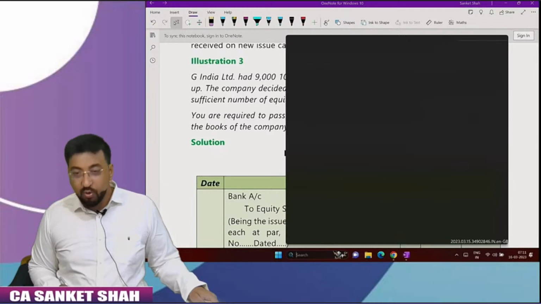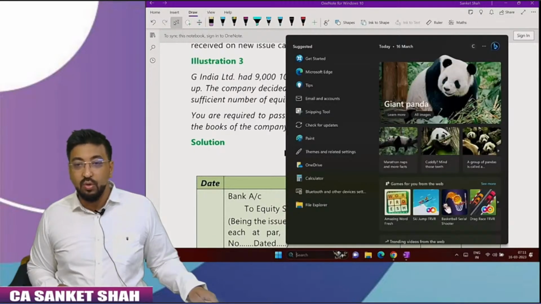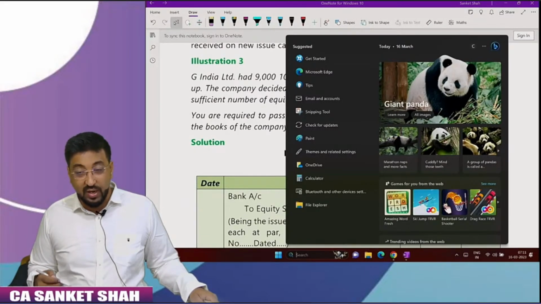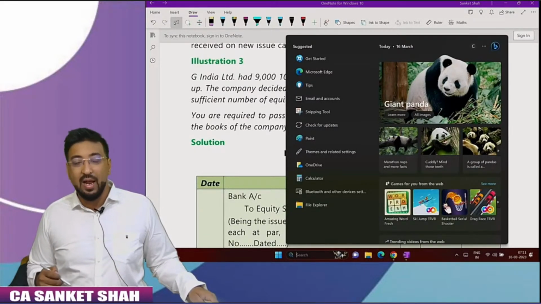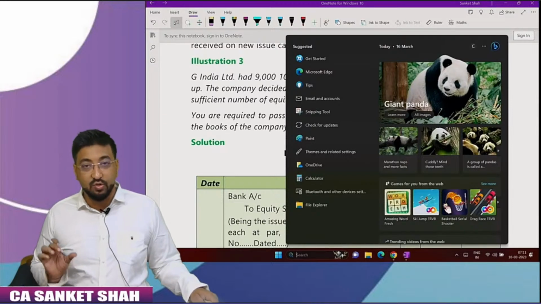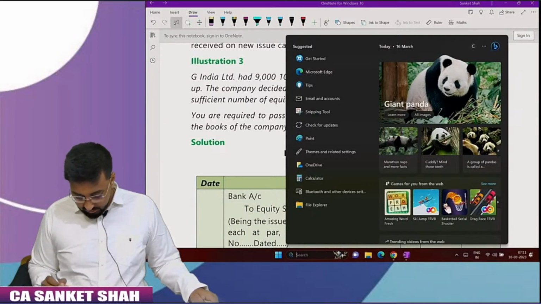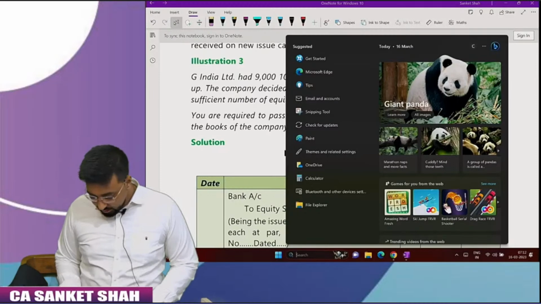Now let's see Illustration number 3. बेटा, before starting any illustration, first I will tell you. Now in this batch, first I will tell you the index of this illustration, why this illustration is important, and accordingly you have to focus on that illustration, that point only. चलिए, तो ये illustration में क्या नया था?